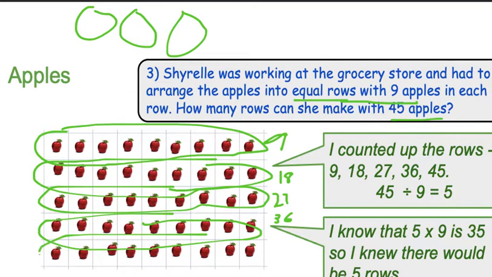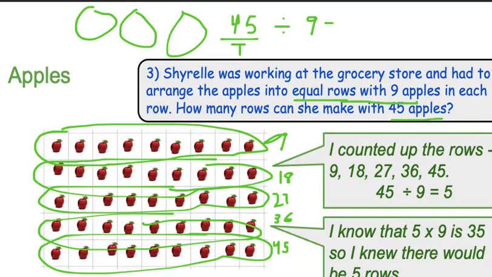And another group of 9 brings you to 45, which lets you know 45 is the total. Sometimes I put the letter T there so students remember that. 45 total divided by 9, because that's the number that we knew in the beginning, and it represented how many in each row. And then our final answer would be 5, and that 5 represents the amount of rows.